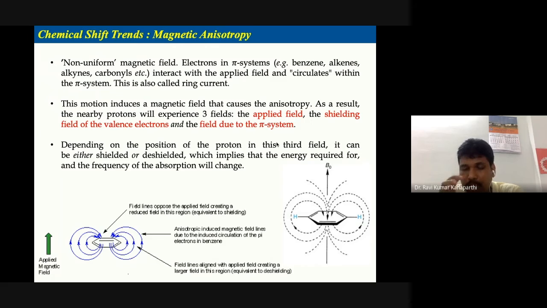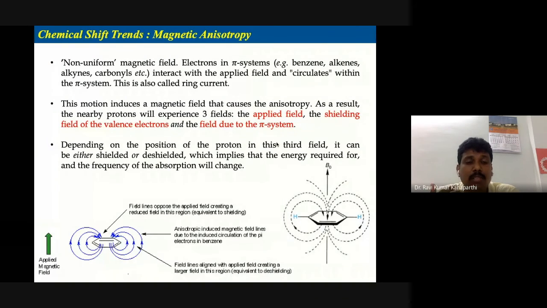In the case of double bonds and triple bonds, we have the pi electrons, and the moment you place them in an external magnetic field, they are forced to circulate through the double bonds.